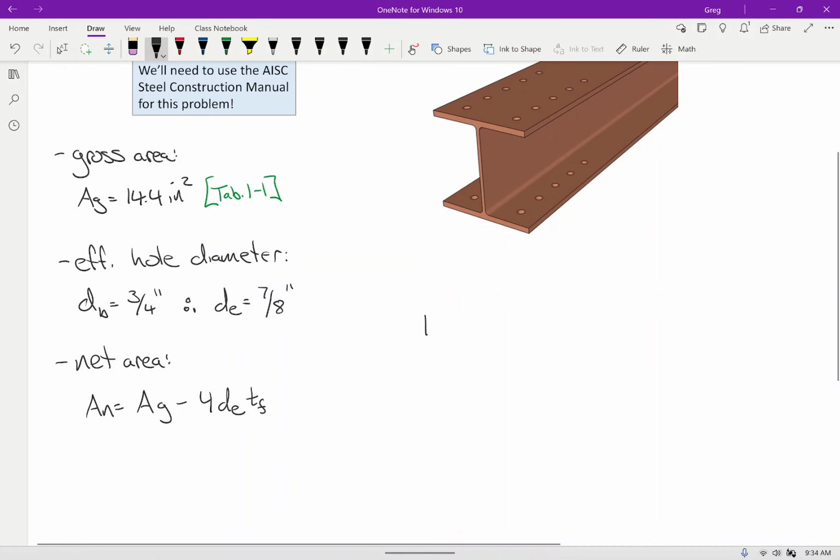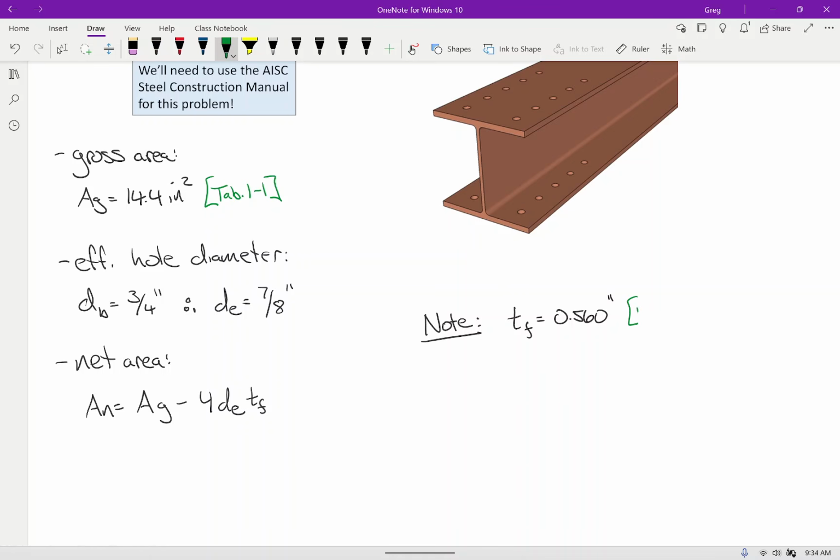So I'll put a note: the t sub f does not equal 9/16 for the purposes of design.